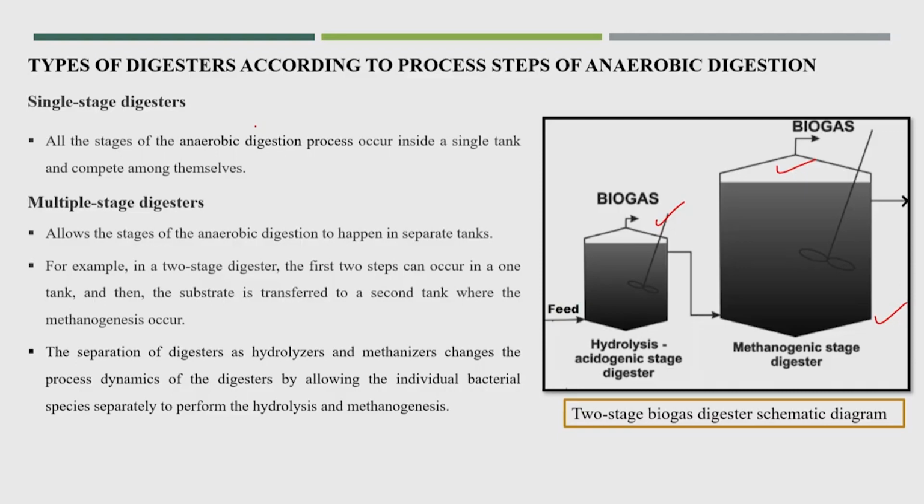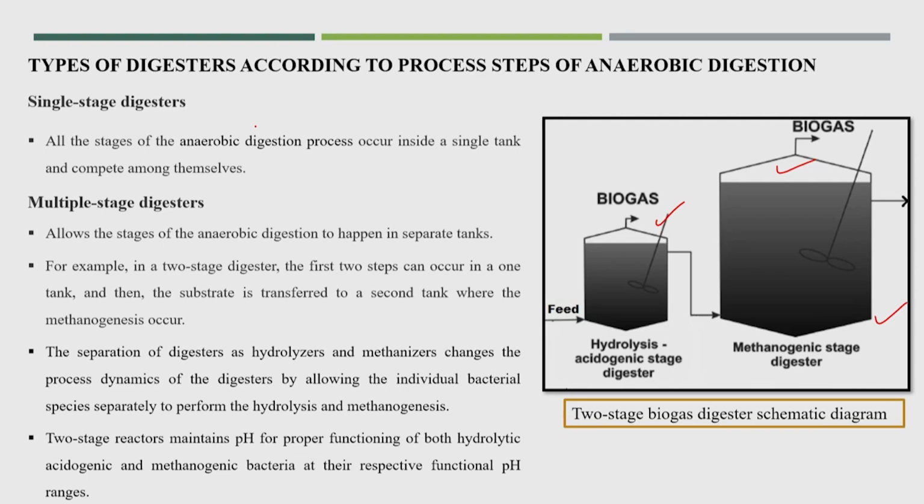The separation of hydrolysis and methanogenesis changes the process dynamics of the digester by allowing the individual bacterial species to perform hydrolysis and methanogenesis separately. A 2 stage reactor maintains pH for proper functioning of both hydrolytic acidogenic and methanogenic bacteria at their respective functional pH range.